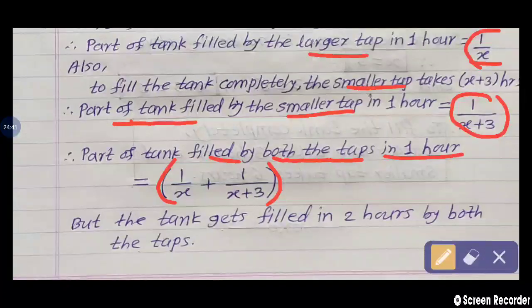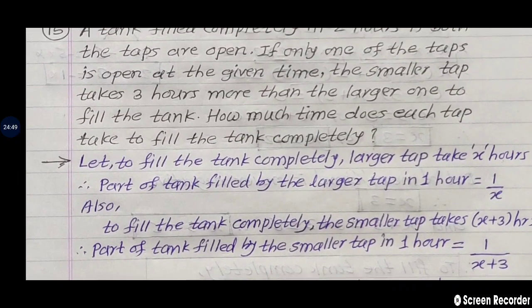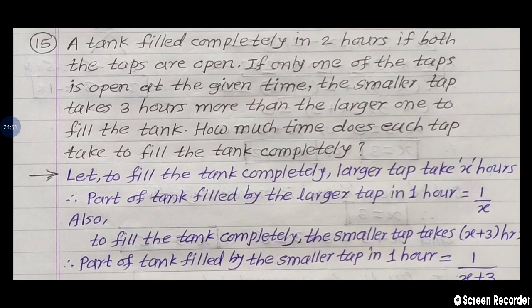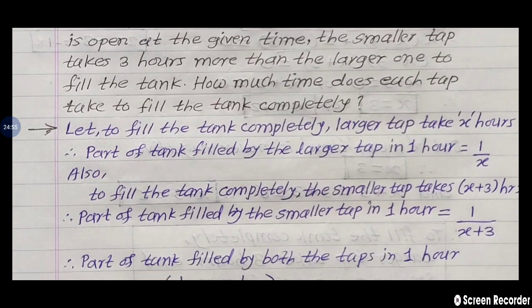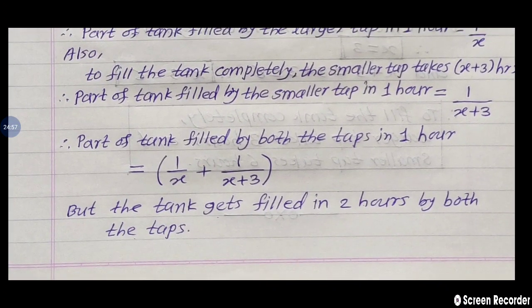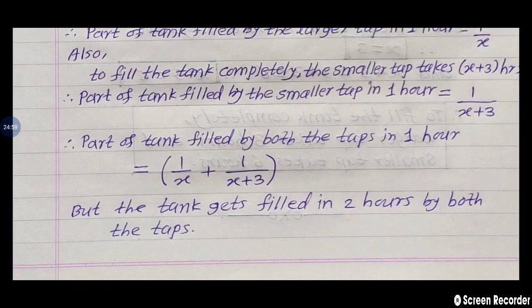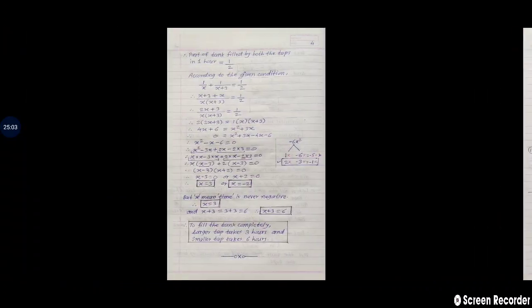But the tank gets filled in 2 hours by both the taps. That condition is given in the question. The full tank is filled when both taps are open. So how much of the tank is filled in 1 hour? 1 upon 2. Check what we are writing.